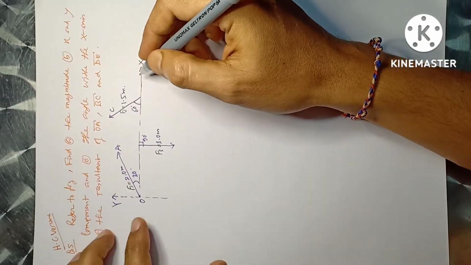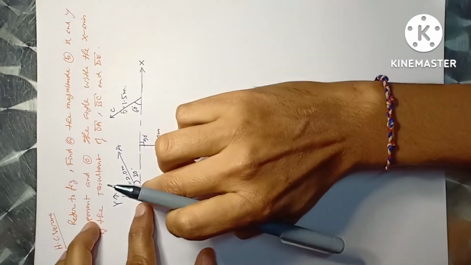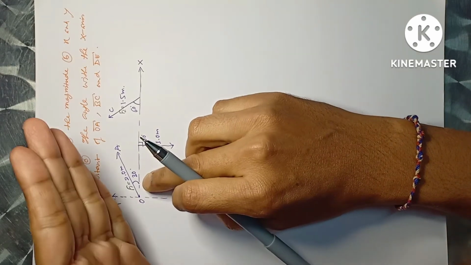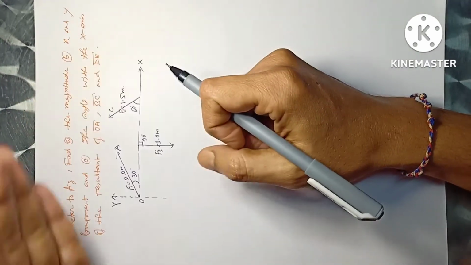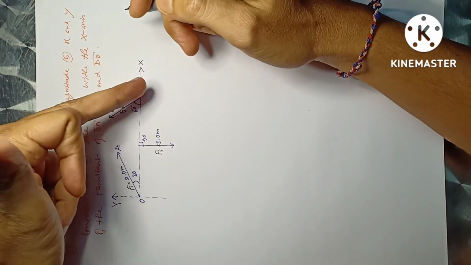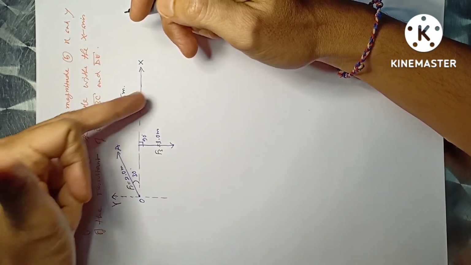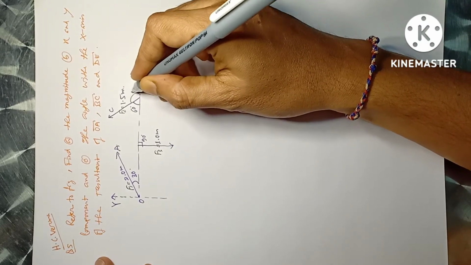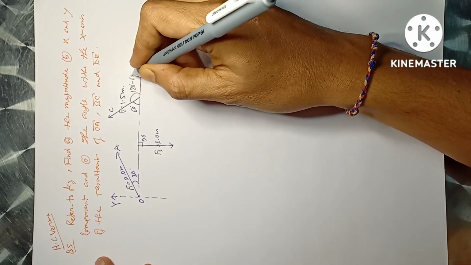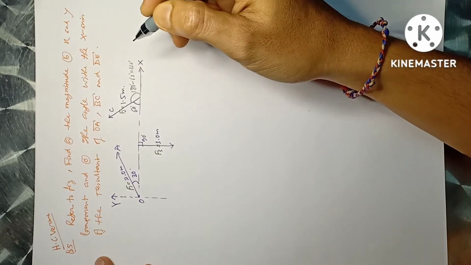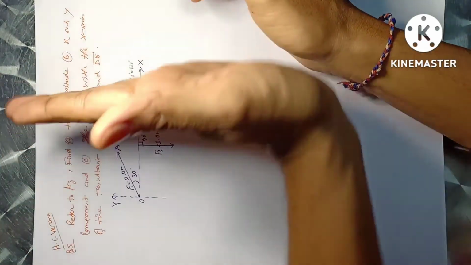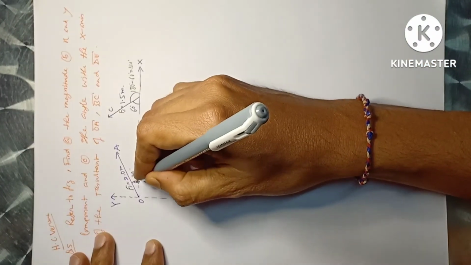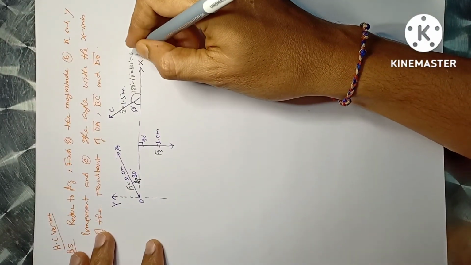Find the angle with the x-axis. Along this direction, there is a vector acting at 30 degree. So 30 degree is the angle made by f1 vector with the x-axis. But vector f2 is along this direction, so the angle will be 180 minus 60 degree equal to 120 degree. You can write this as theta 1 and this as theta 2.